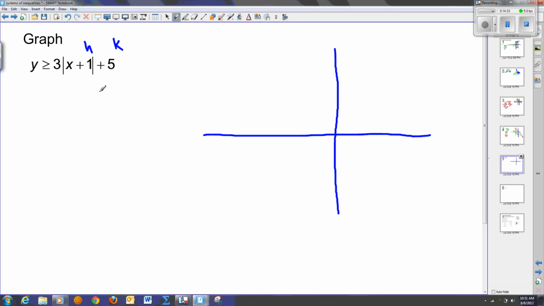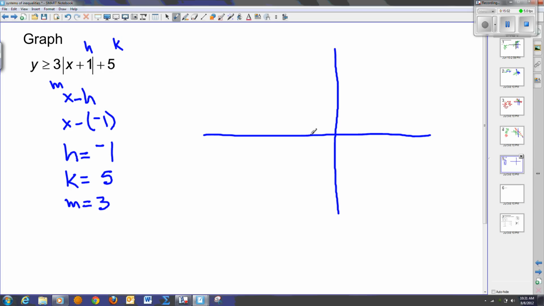H refers to a horizontal translation. So we know that these are all of the form x minus h. So we have basically x minus a negative 1 in order to get a plus 1. Therefore, the h value is negative 1 and the k value is 5.